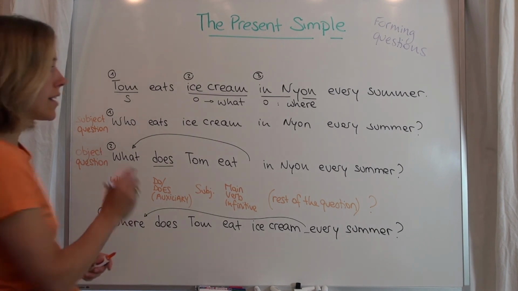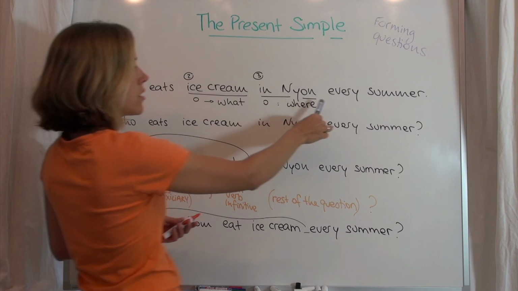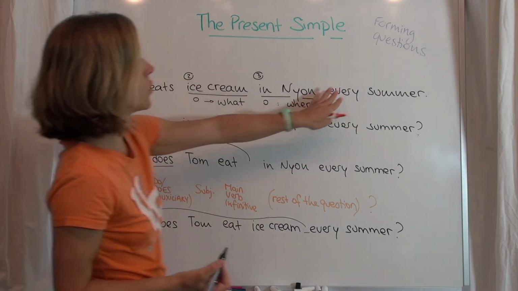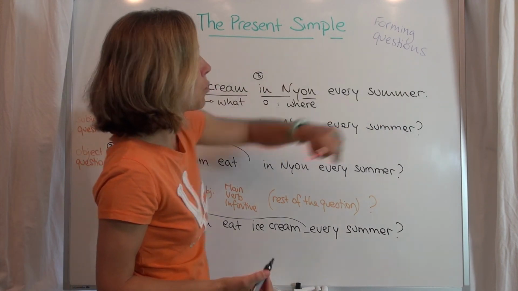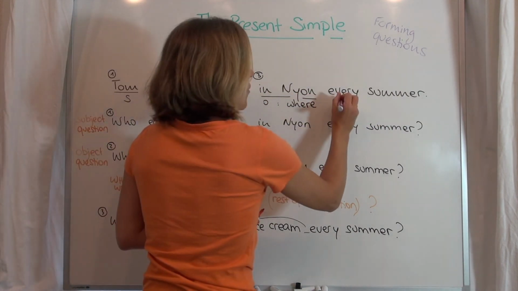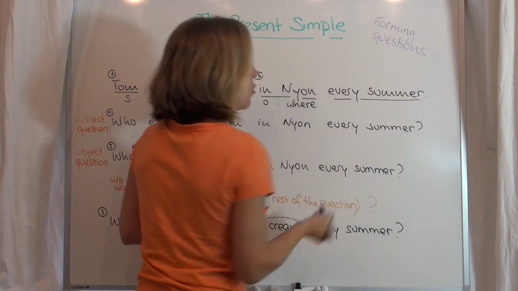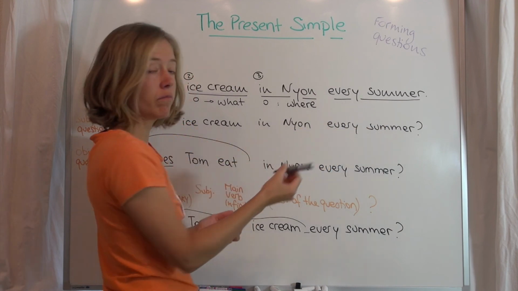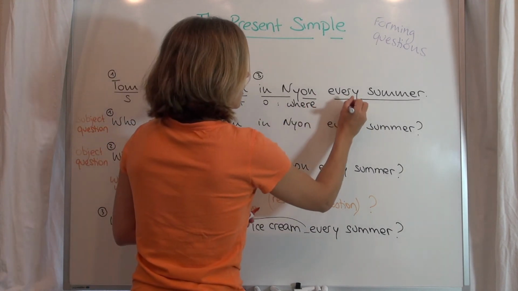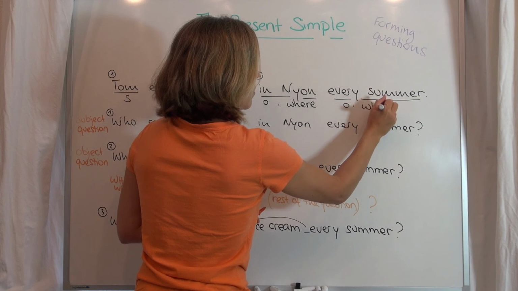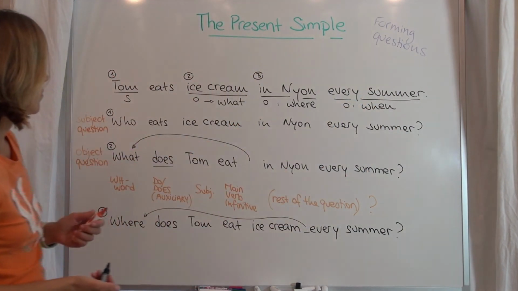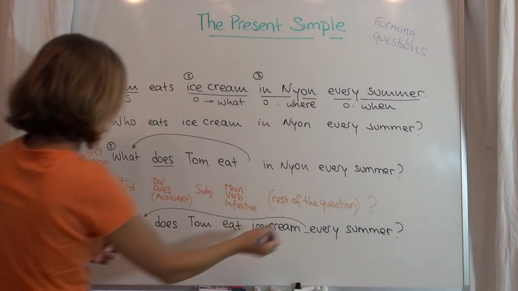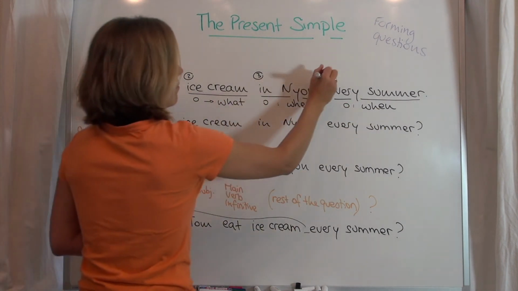Okay. The last possibility, we'd like to ask the question about when he eats the ice cream. Donc si on ne sait pas every summer, pour poser cette question-là, on va remplacer every summer par le mot interrogatif correspondant. So as it's a time, à un moment donné, it's still the object. It's going to be when. Okay. So let's put that when at the beginning and rewrite the question.